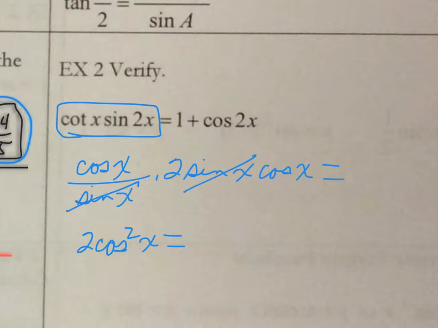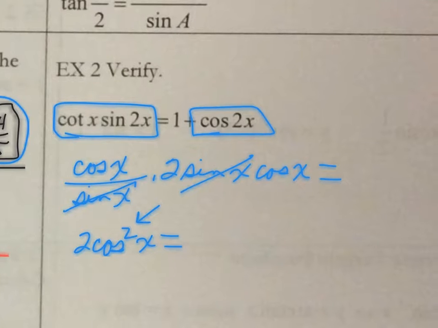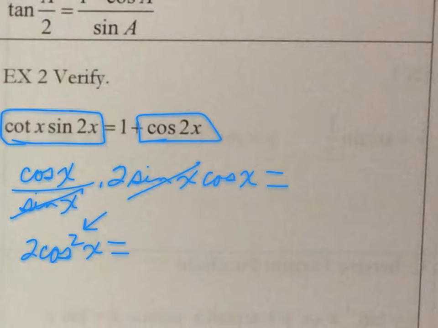I've got 1 plus cosine of 2x. Again, we have 3 different choices for cosine of 2x, but I'm going to choose the one that has cosine squared x in it because I'm more likely to get it to match with what I've got on the left end. And if you remember, cosine of 2x was equal to 2 cosine squared x minus 1.